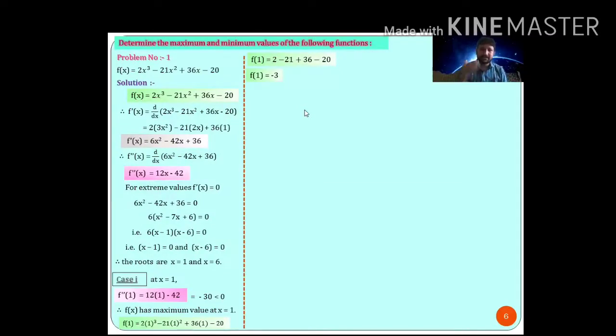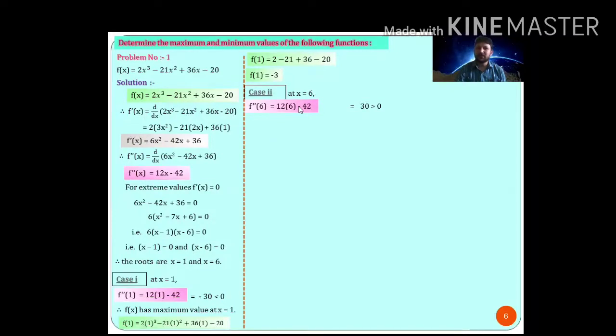Now start with case number two, the second point x = 6. At x = 6, the second derivative f''(6) is 12 times 6 minus 42. The product 12 into 6 is 72, 72 minus 42, the difference is 30, which is positive, greater than 0.